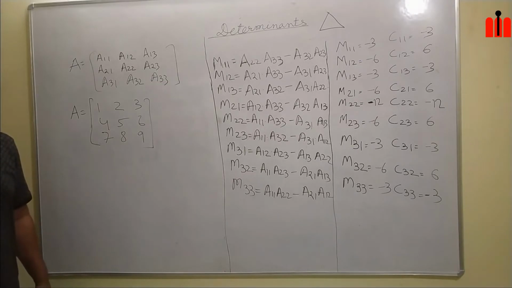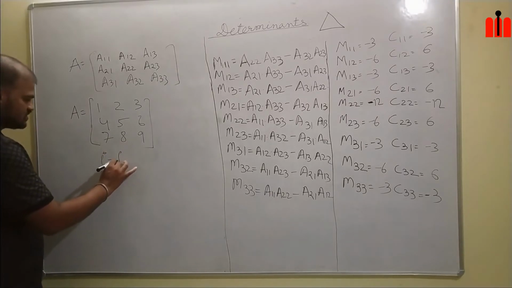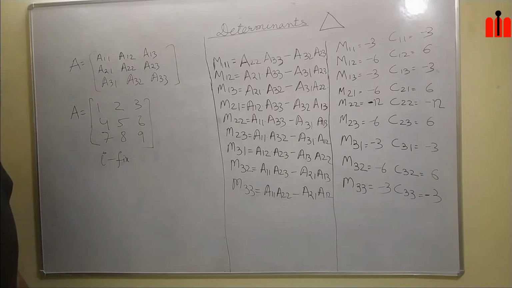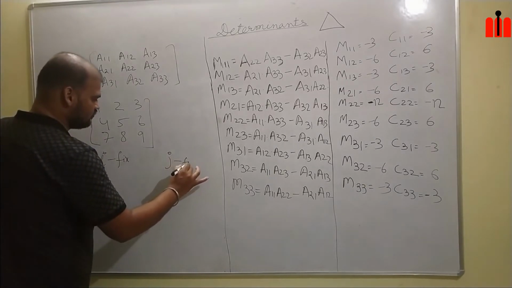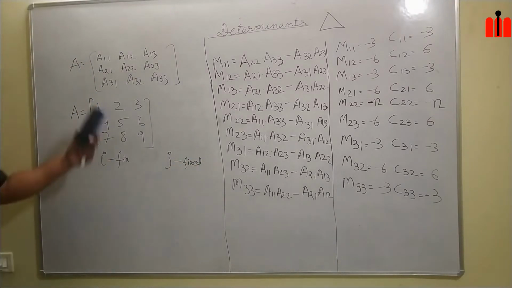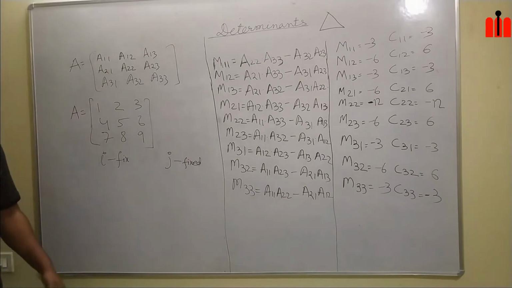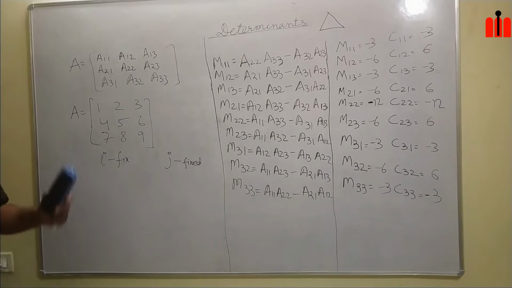Once we fix the row, that means I is fixed. Once we fix the column, that means J is fixed. We can expand through any row or any column and we will get the same value of the determinant.